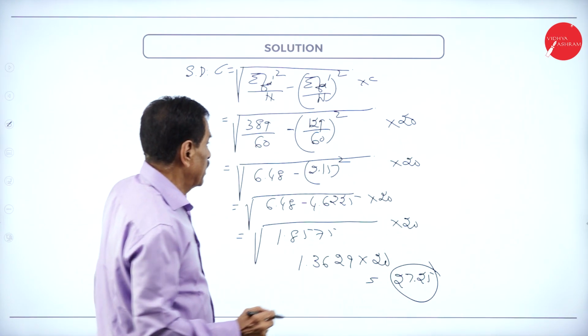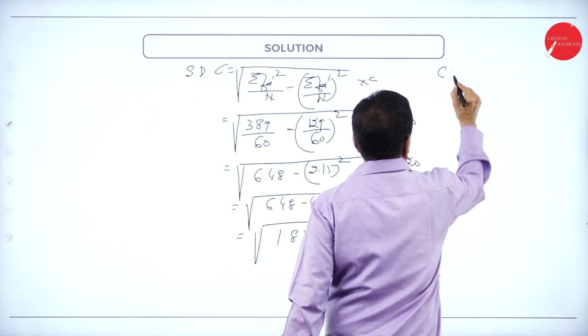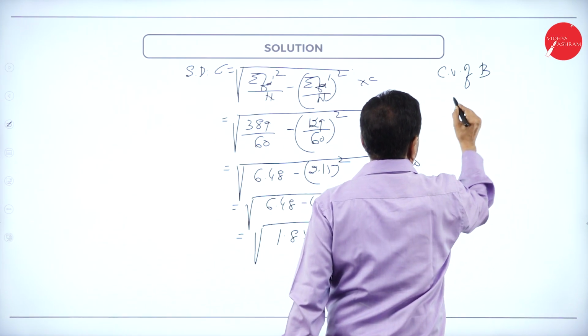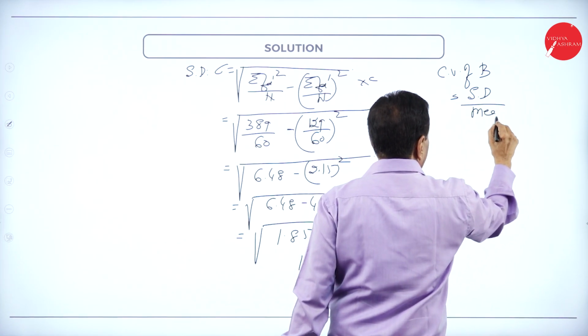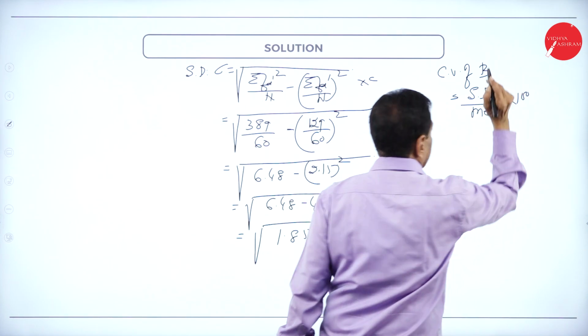Then CV of B is standard deviation divided by mean into 100.